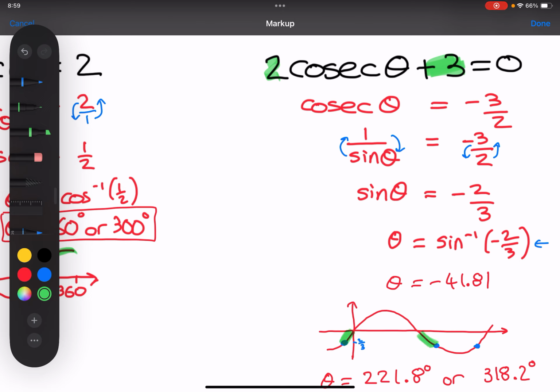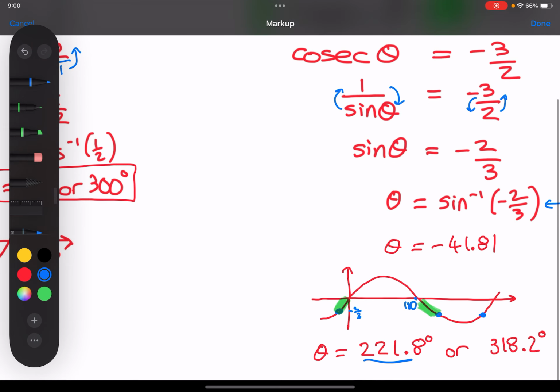So I know that this is also going to be minus 41.81 below 180, and that's above 180. So 180 plus the 41.81 gives me the 221.8. I also know that this is also 41.81 below 360, and that's less than 360. So if I do 360 take away 41.81, that gives me the second solution between 0 and 360.